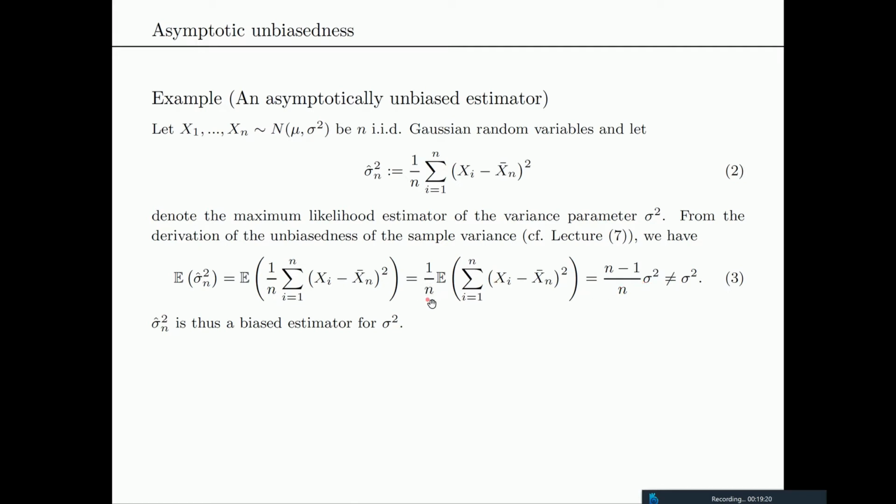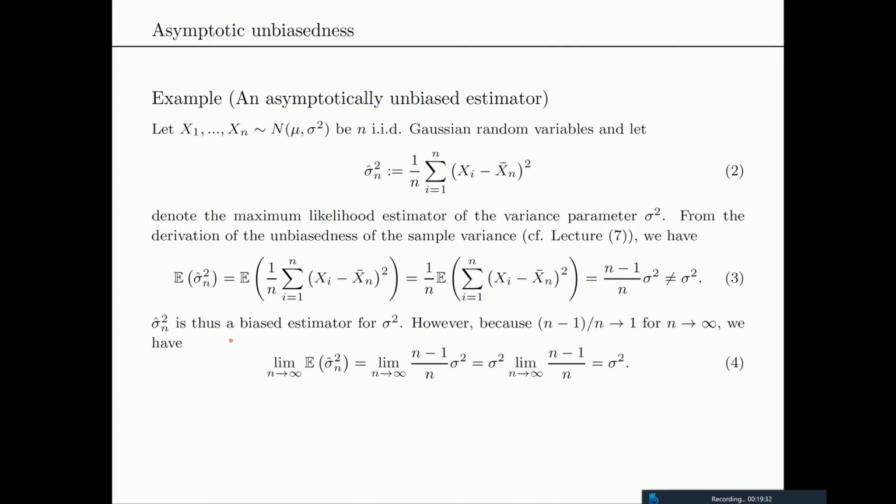In this case we have this additional thing that we divide by n. This just recapitulates that the maximum likelihood estimator for the variance parameter in a Gaussian is biased. However, if we now allow n to go to infinity, then because the limit of n minus 1 divided by n is 1, we get in the limit the true but unknown parameter value.